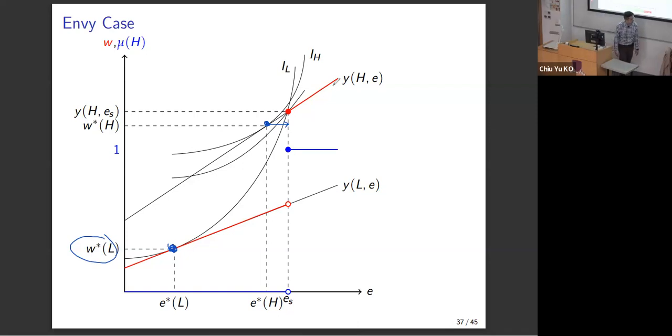So what we're doing here is, because the low type wants to pretend to be the high type, in equilibrium the high type actually does more education. It's inefficient, but in order to sort them out, there's a cost. There's also the cost of making the exam too easy.